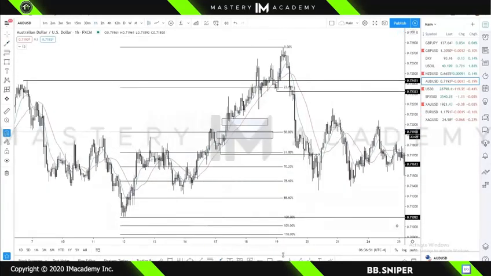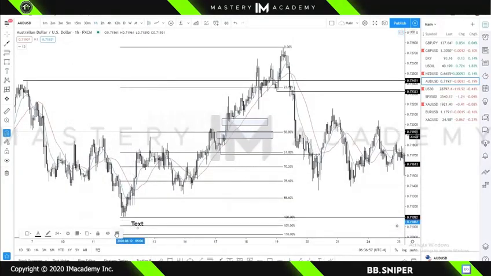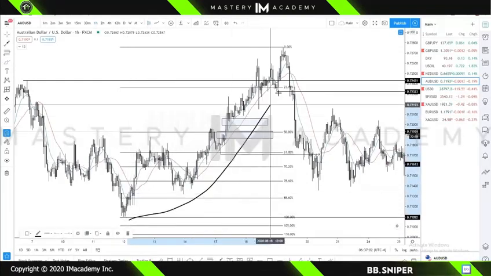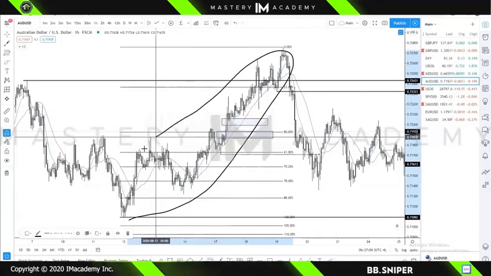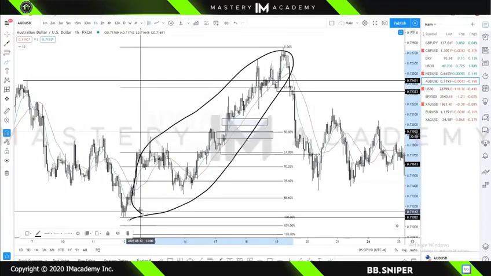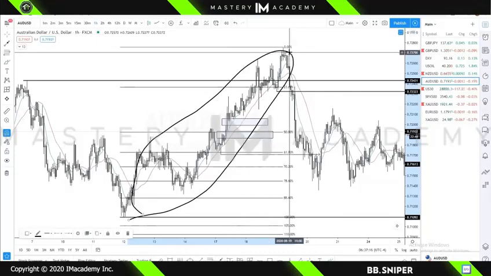Because again, what do they understand? They understand there are some buyers that got in on this move up. So before they can truly continue their objectives of moving price higher, they want to take some of those guys out before continuing the order flow to the upside.